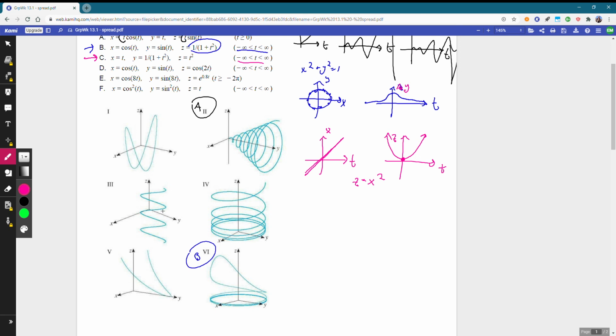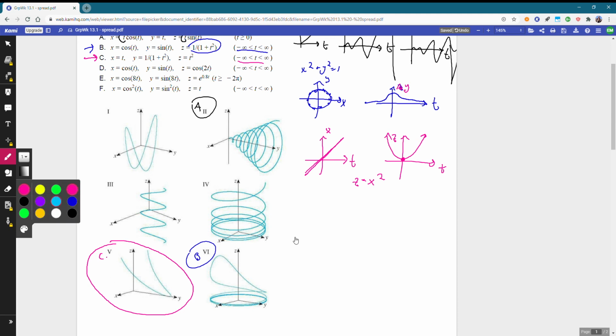Looks like that is bounded for x values. I think if we use our imaginations here, we can imagine this curve here is going to be extending out that direction and this direction. So this is going to match up with 5. Notice also this curve only has the positive z values.